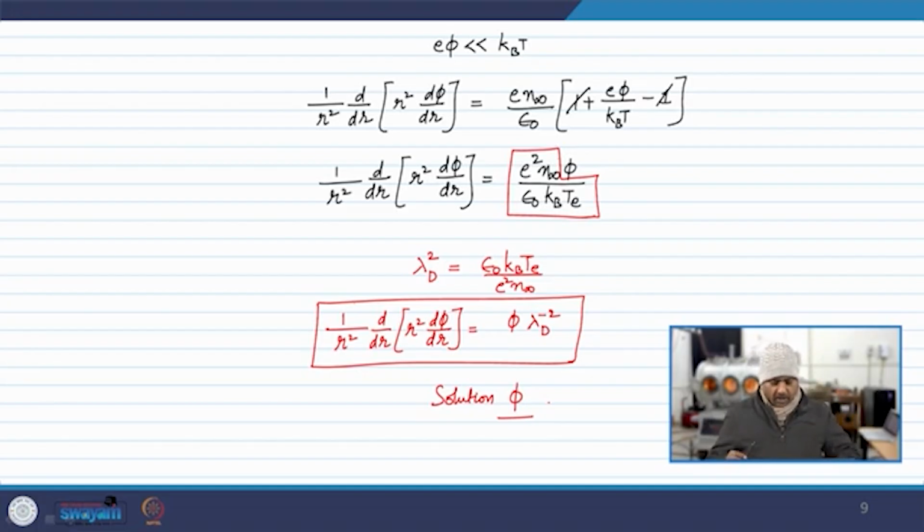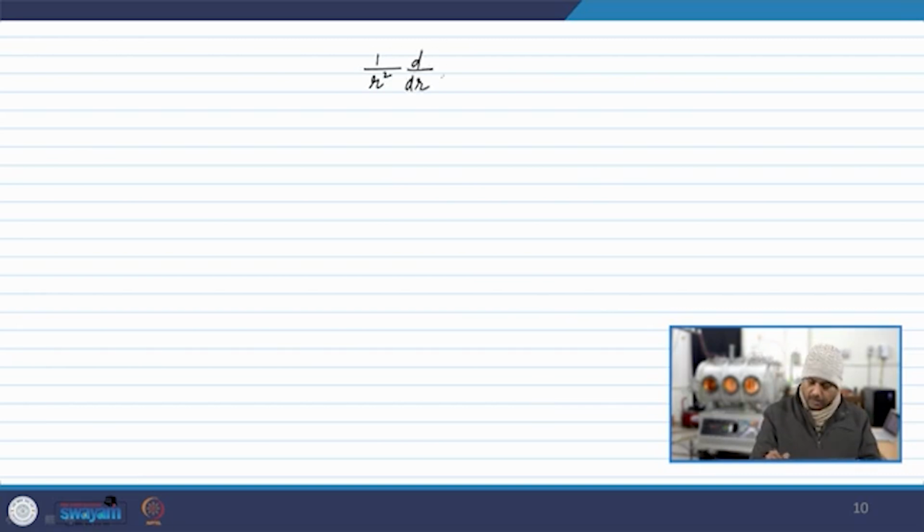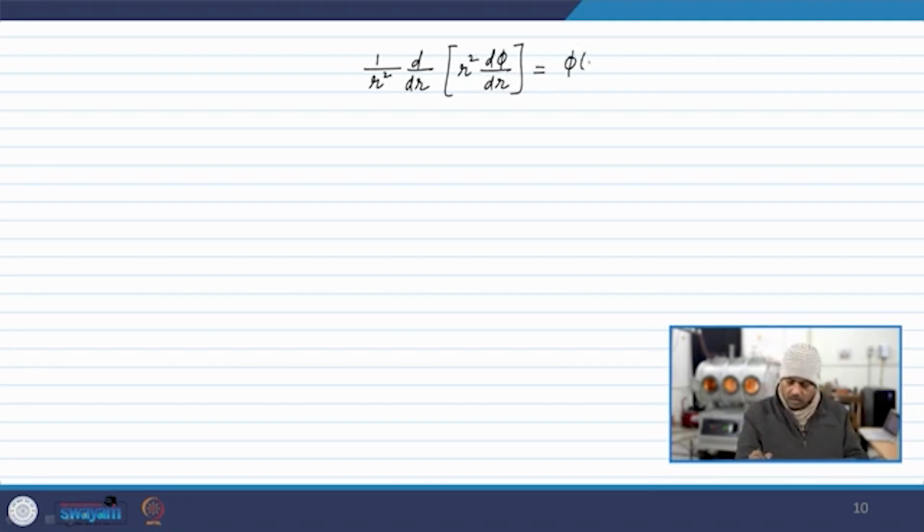Let us take it ahead and see what we can do about it. So, this is still the same (1/r²) d/dr (r² dφ/dr) = I am going to call φ as φ(r). Why? Because φ only varies as a function of r, but with respect to the other two coordinates it is constant.